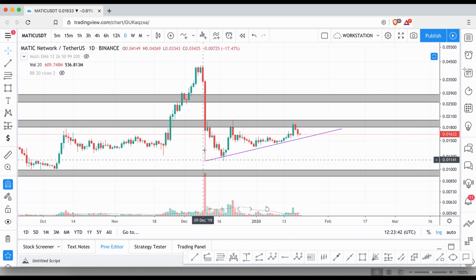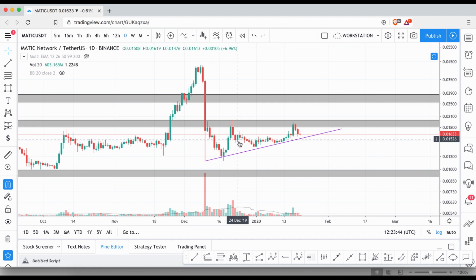Okay, so this pattern looks actually more like an ascending triangle. So we have here higher lows all the time, higher lows, and this trend line here is acting as resistance. So when this pattern breaks, there are two possible things that may happen.